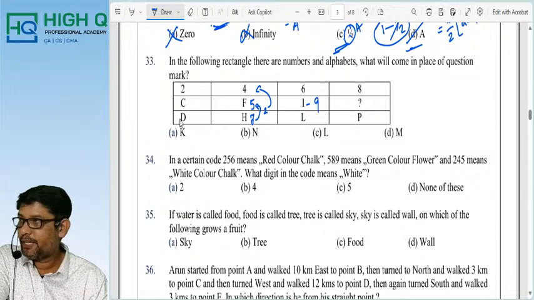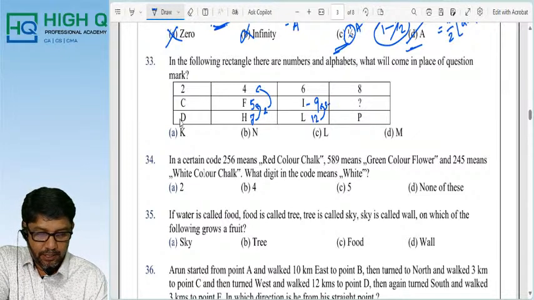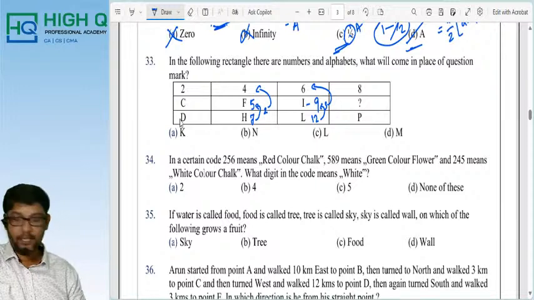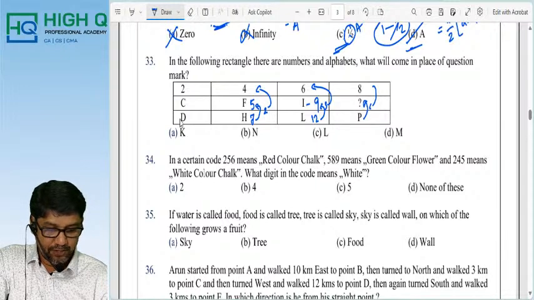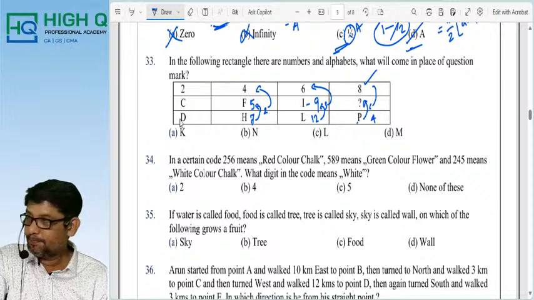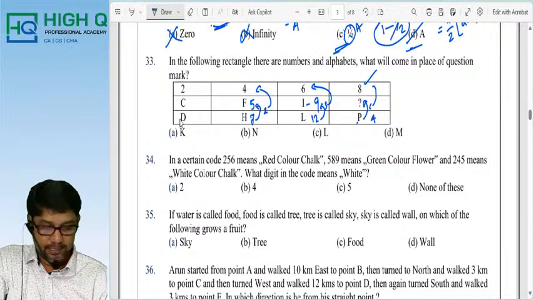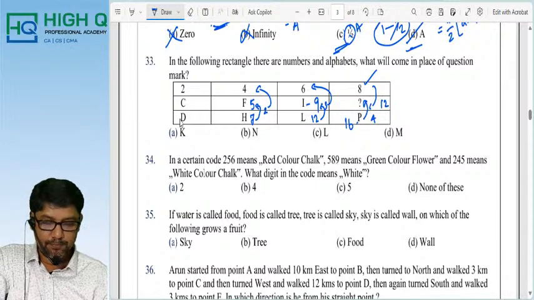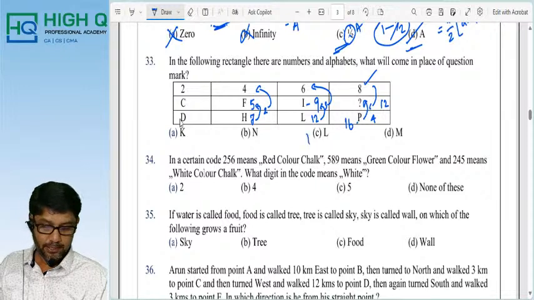What about the value of L? 12. The difference is 3. 3 2s are 6. Am I right, my dear? So therefore, the difference must be what? 4. This difference must be 4. Then only here I can get 8. What is the value of P? N is 14, O is 15, 16. So therefore it should be 12. So what is the 12th alphabet? L. L is the 12th alphabet.